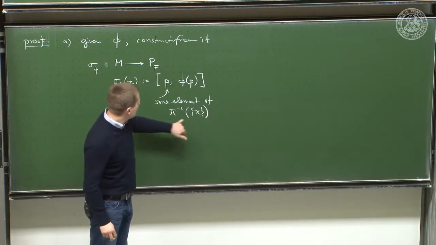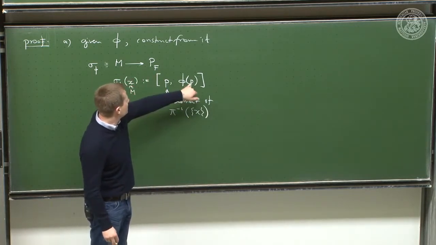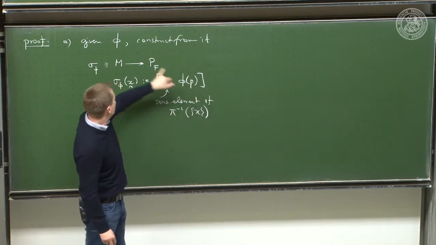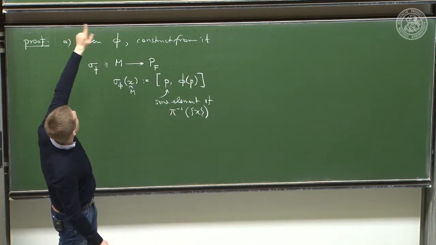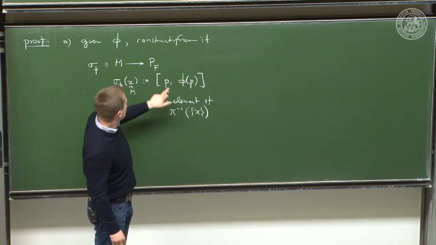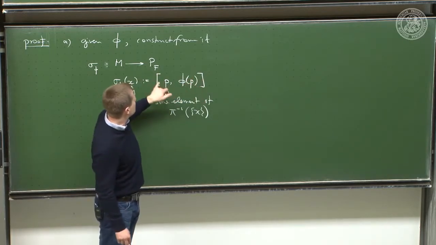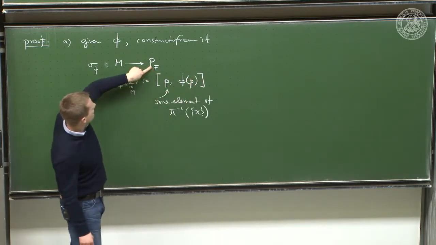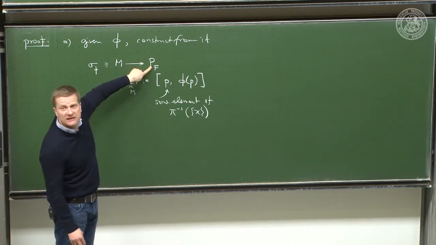It's the fiber in the principal bundle because we want to feed this p into phi. The phi goes from P to F, so we can feed it in there. And this is the equivalence class that defines the elements of the associated bundle.